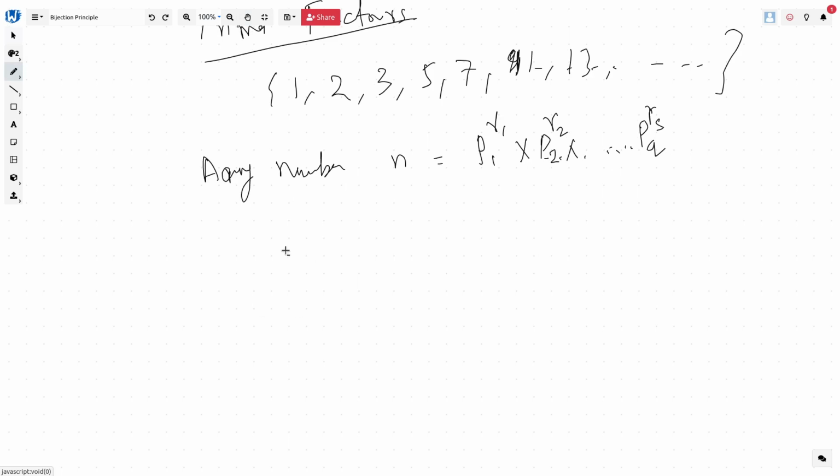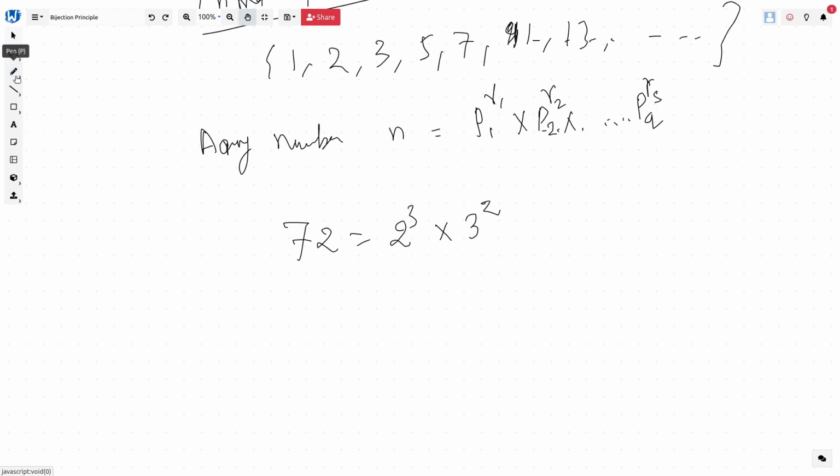So 72 can be written as 8 into 9, which is 2 to the power 3 into 3 to the power 2, right? So you will always find primes P1, P2 and so on with certain powers that will define any number. You can try this, because this is a very fun exercise: any number on this number line can be written as a product of powers of primes. So this is a very important prime factorization rule, right?